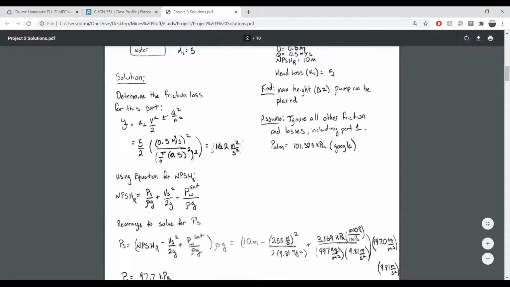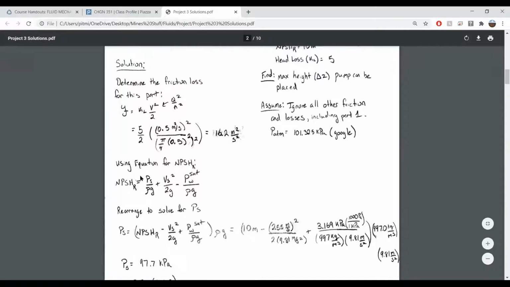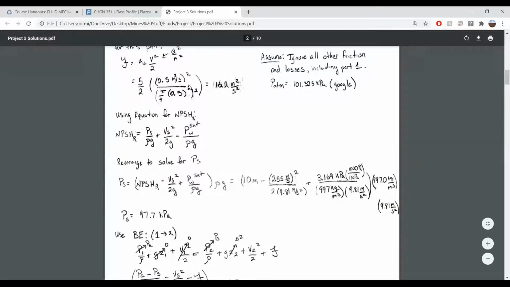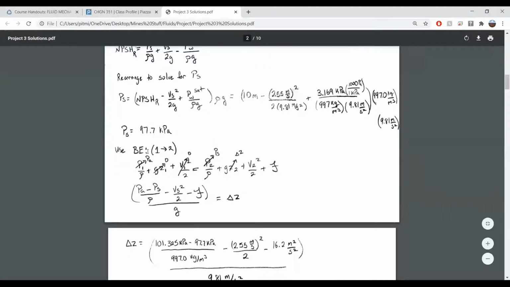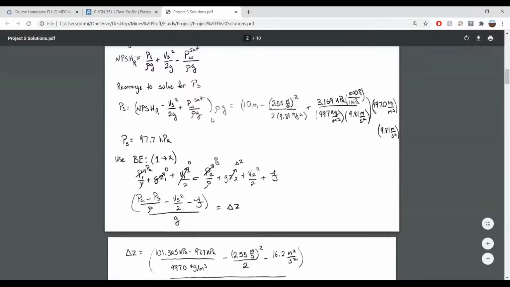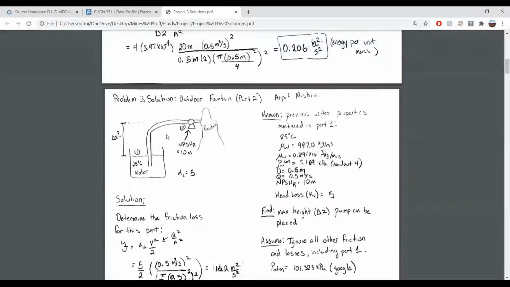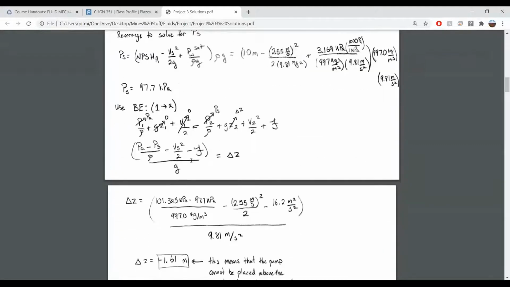So we figure out what it is here, and then we use the equation for NPSHR, and it's right here, and then we rearrange it and solve for P. And after we do that, we can use Bernoulli's equation from point 1 to point 2. And then we are able to cancel out many terms, such as the pressures, and rewrite them.